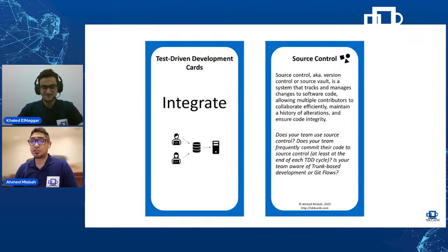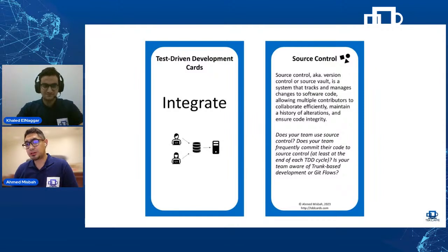That's great. So we know that all software teams use source control, okay? But the thing is, how frequently do you commit or push code to your source control repository?